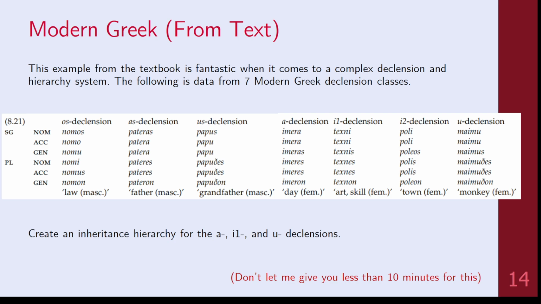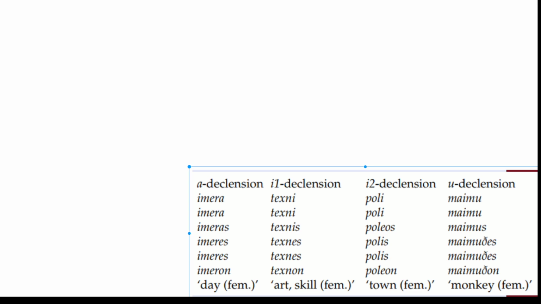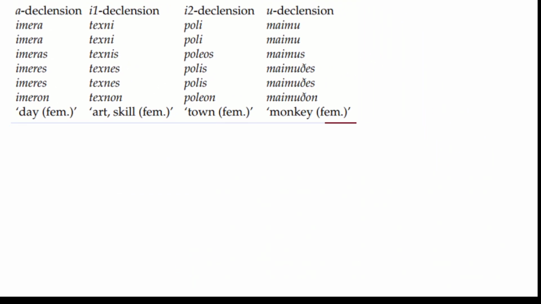So what I'm going to do is write the declension classes for the A, E, and U, and then we'll create an inheritance hierarchy for it. We'll try to do this on the screen with whatever limited capacity I have here. So we'll copy paste that, put a new page in, and let's see how we can do this.